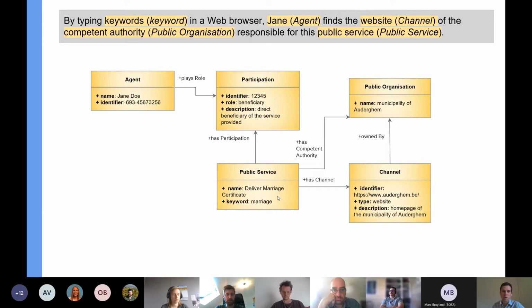And I think that's also important: first, do we always have a competent authority? And second, if yes, is this competent authority always from a legal point of view?